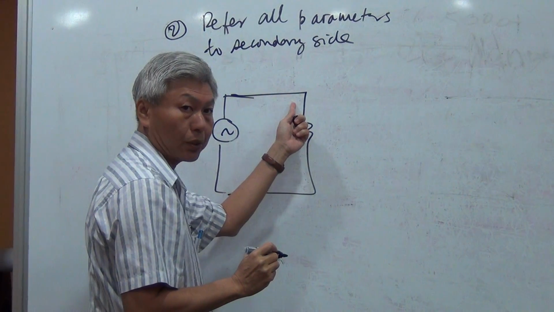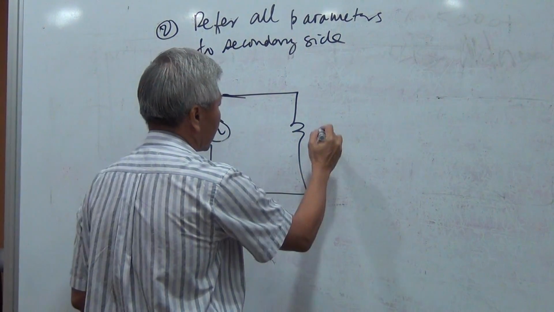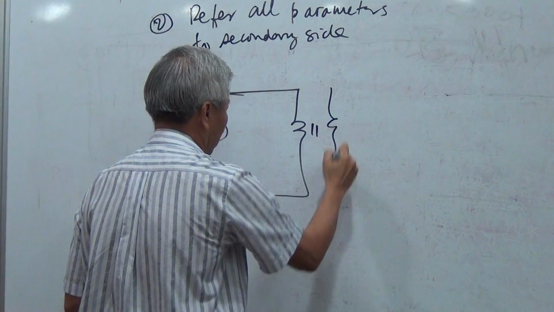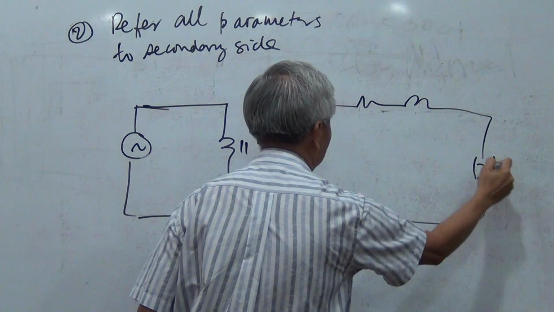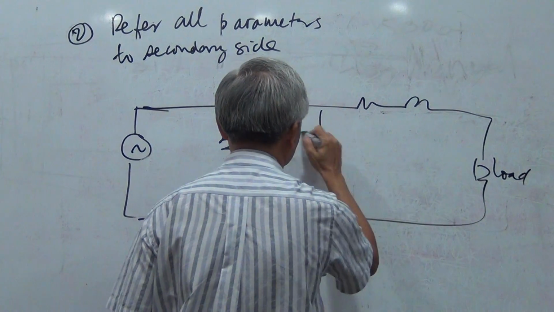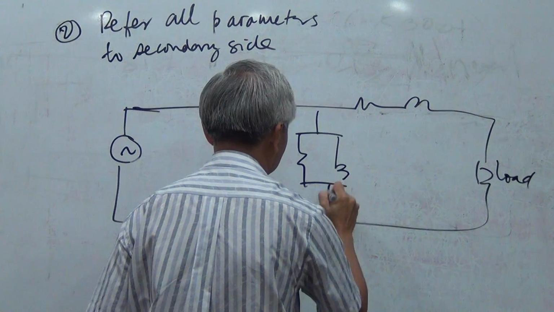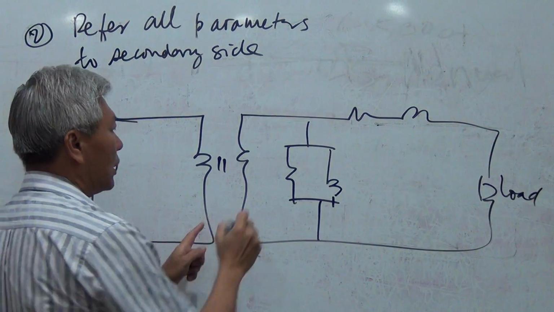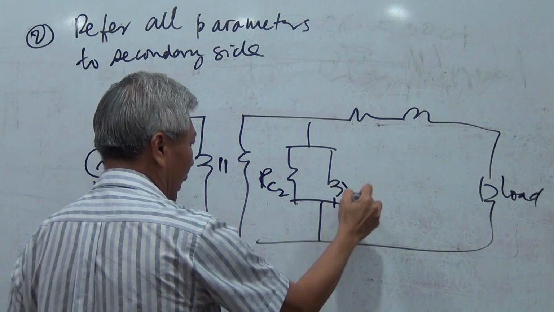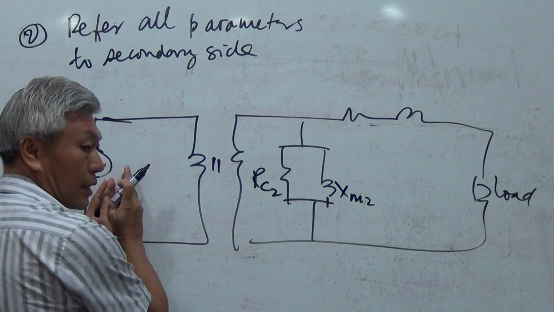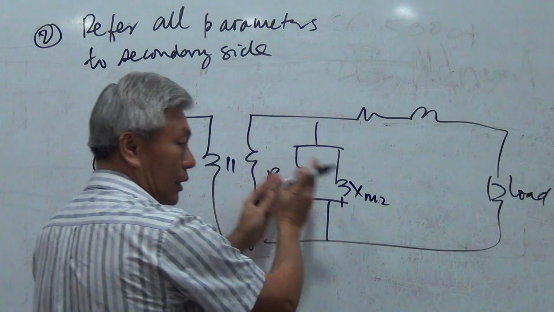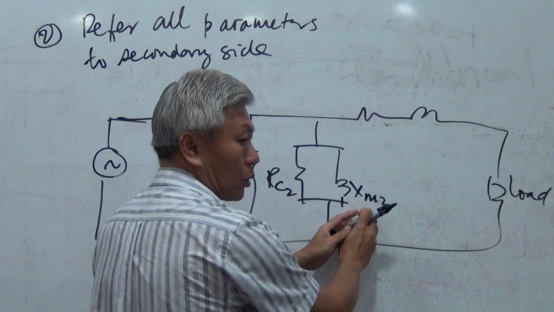And the R1 and X1, right? So now we have to move them to the secondary side. Okay, so this will be called RC2 and XM2. They are called 2 now because they are on the secondary. Just now it was RC1, XM1. I move it to the secondary, I call it RC2 and XM2.